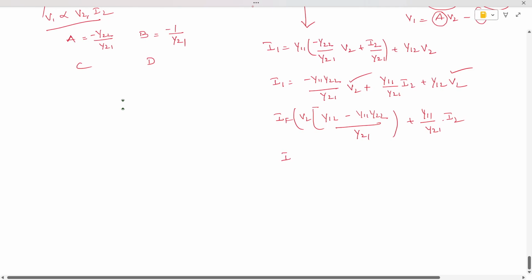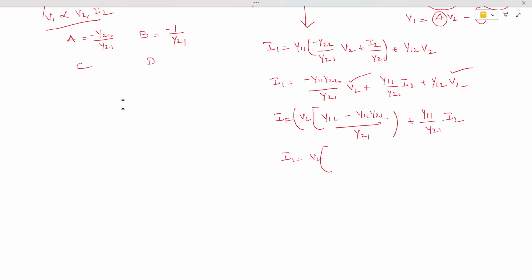So therefore, I1 is equal to V2 into Y12 Y21 minus Y11 Y22 divided by Y21 plus Y11 by Y21 into I2.